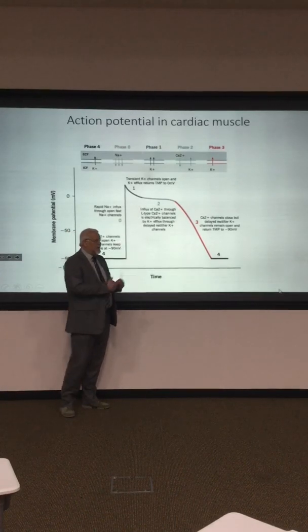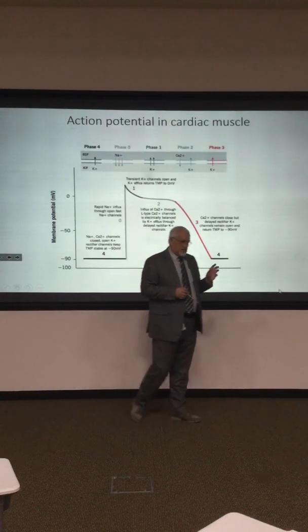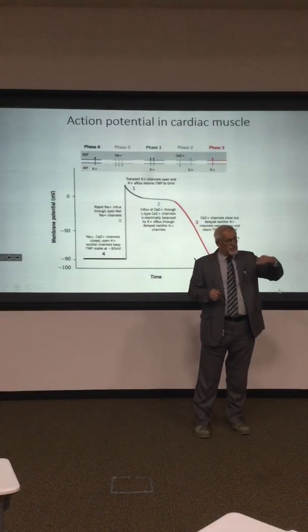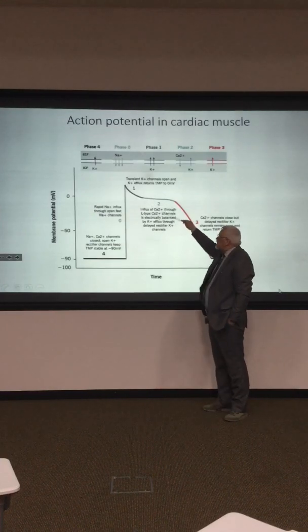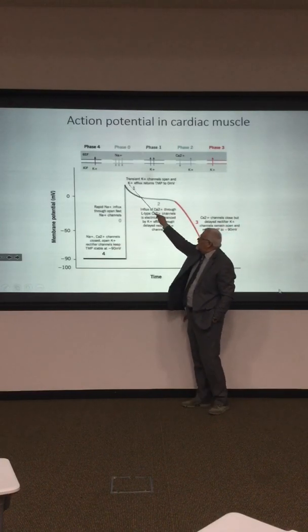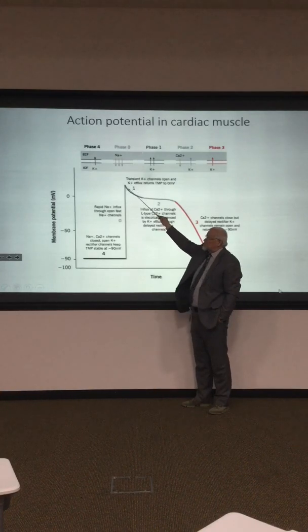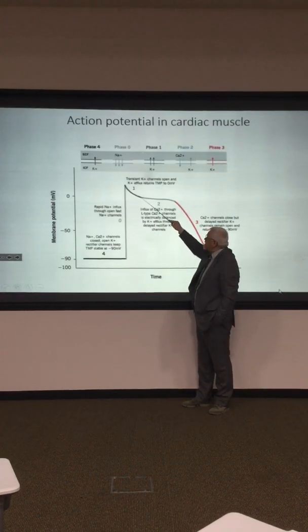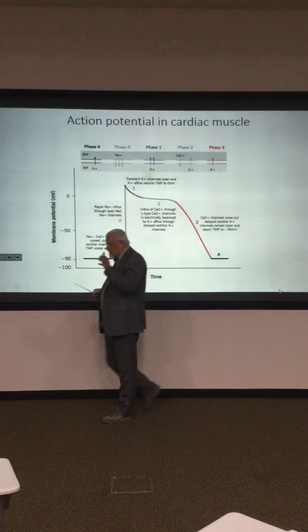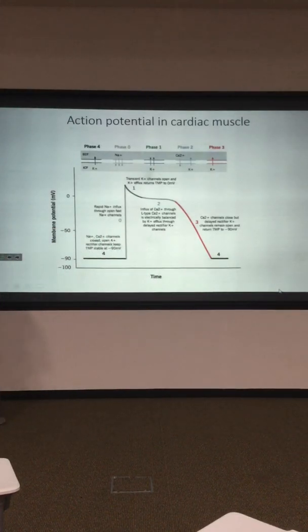If potassium current is slightly more than calcium current, there will be slow repolarization, like this. If for whatever reason these channels inactivate slower than usual, or if you have activation of another group of potassium channels, this may go even up. That's what happens in rabbit heart. Subtle differences, but they are all due to precise balance between inward currents and outward potassium currents.